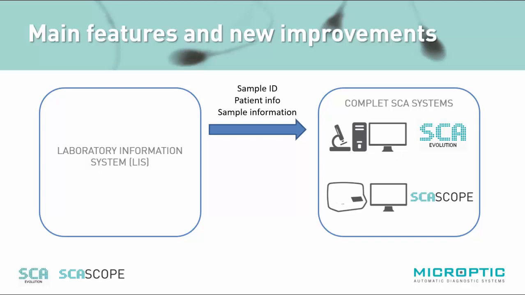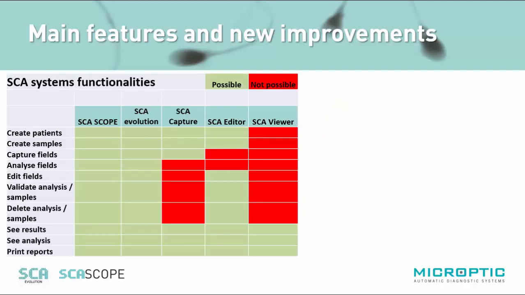Then the SCA system performs all the analysis and sends back the results. It's also possible to send reports, images, and videos to the laboratory information system. Everything here works with the HL7 protocol, which is a standard protocol for hospital systems.